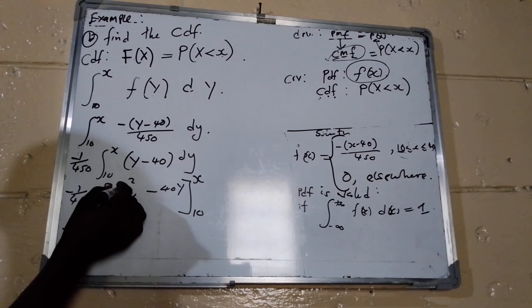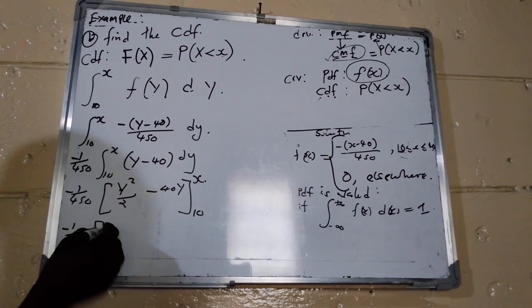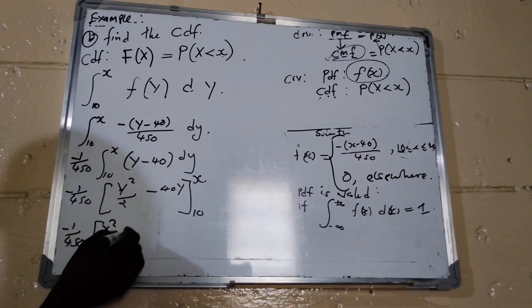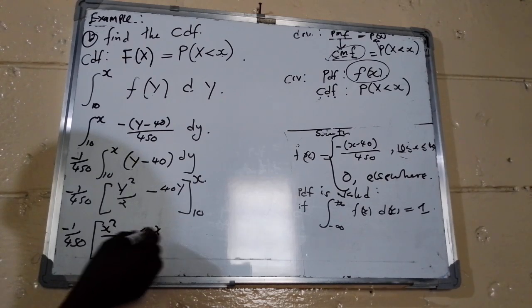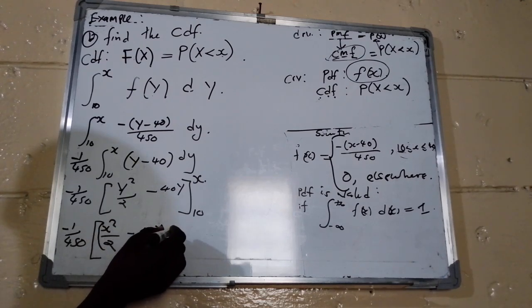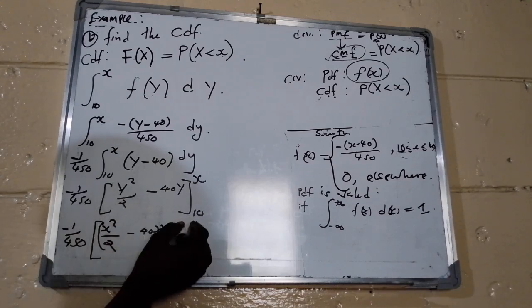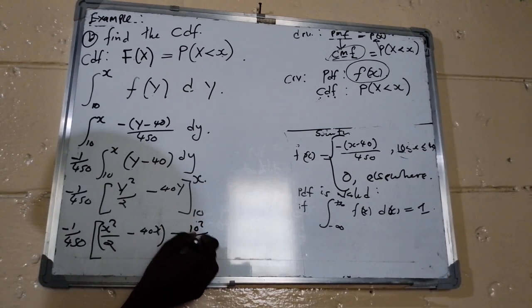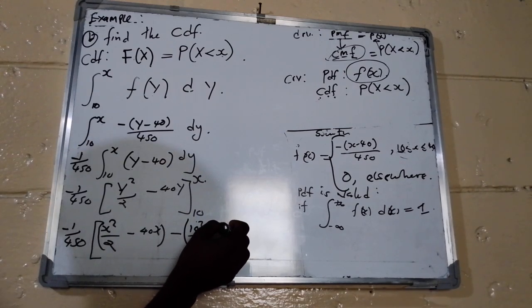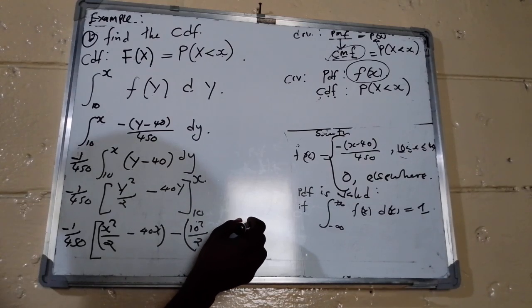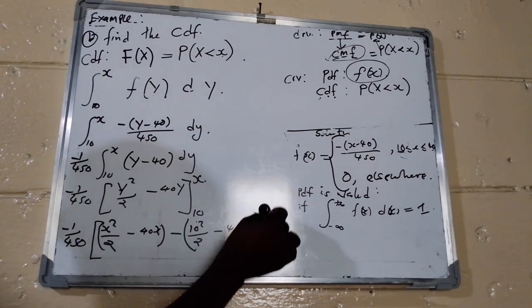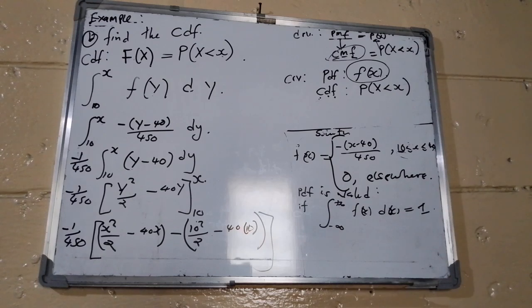Where there is y, I replace with x, the upper bound: x squared over 2 minus 40x. Then subtract the solution when you replace with 10: 10 squared over 2 minus 40 times 10. Something like this is what I'm going to have.